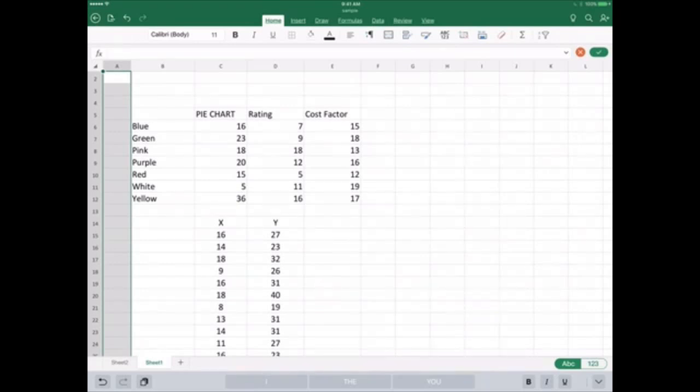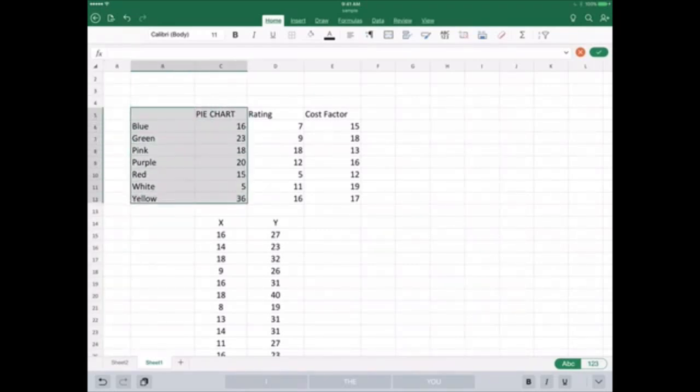What's good to remember about a pie chart is it's the graph of choice if you're trying to show 100% of the data on something, which doesn't mean you can't use a bar chart or a different kind of chart if that's what you prefer. But the pie chart is the one that is used most often for that sort of thing.